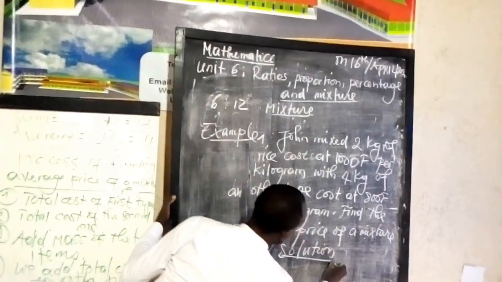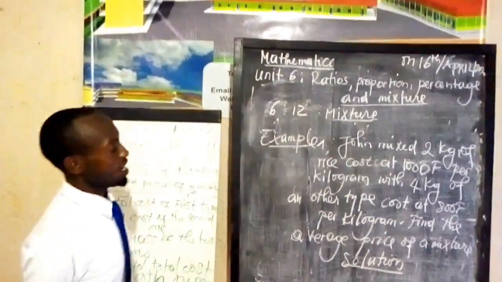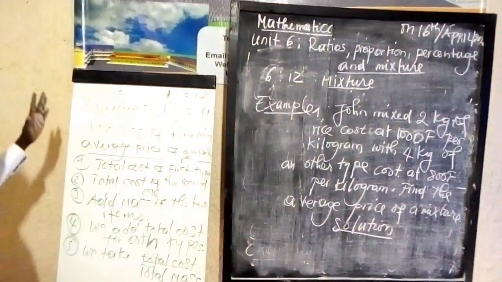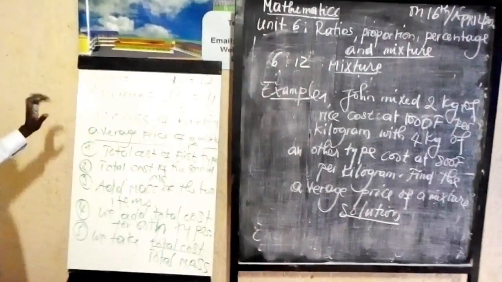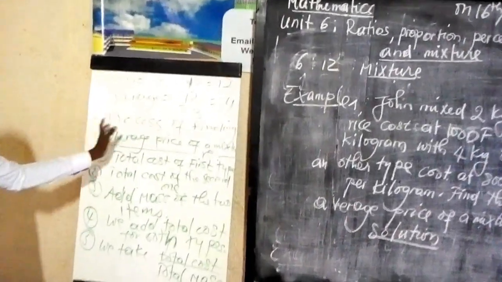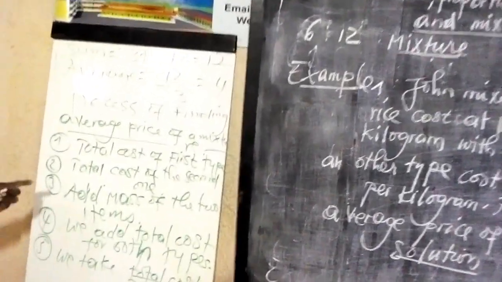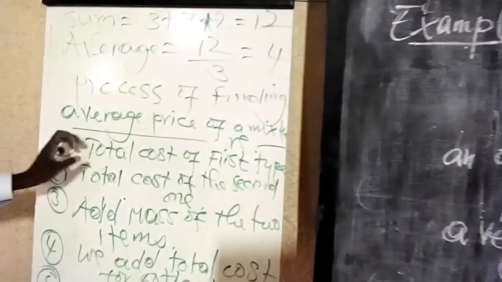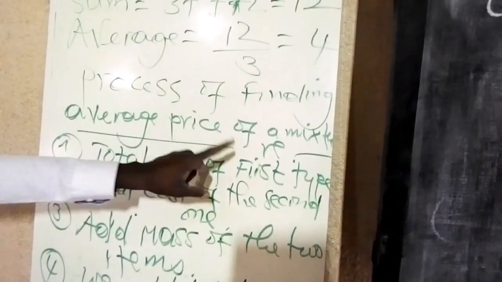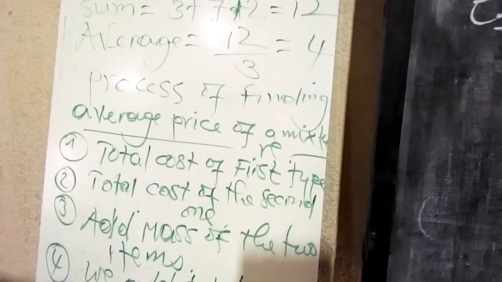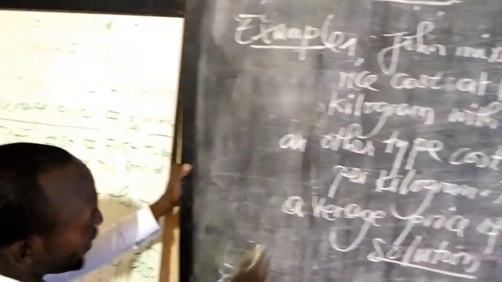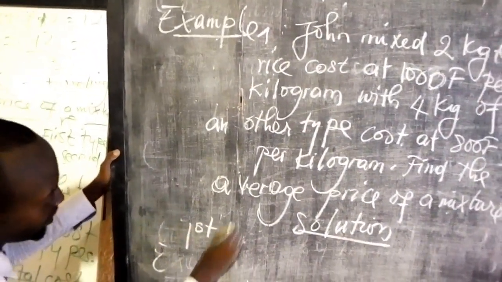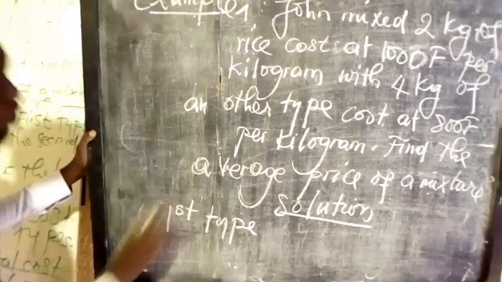How can we solve this problem? Coming back to our example, I have told you the process of finding the average price of a mixture. One, you have to look for the total cost of the first type.